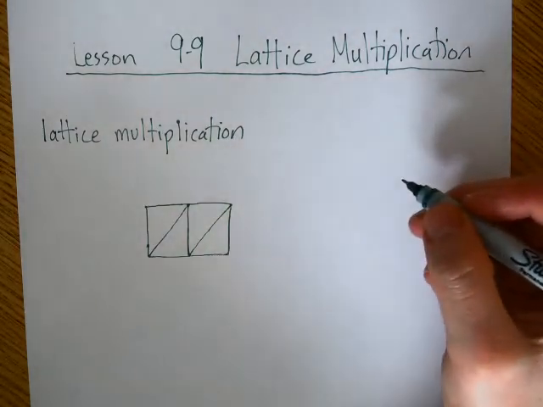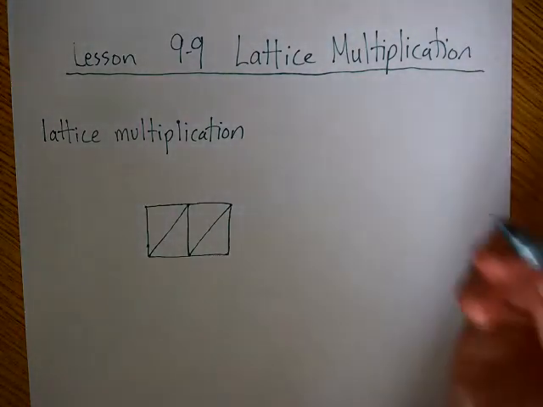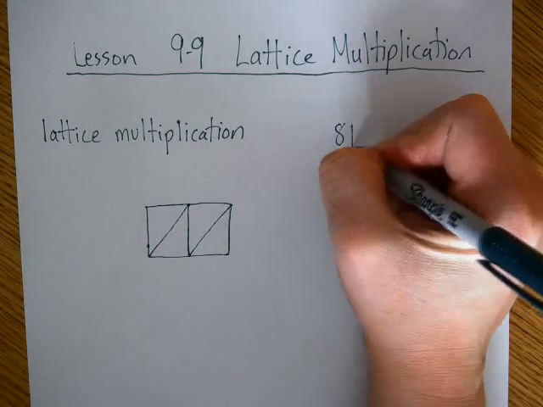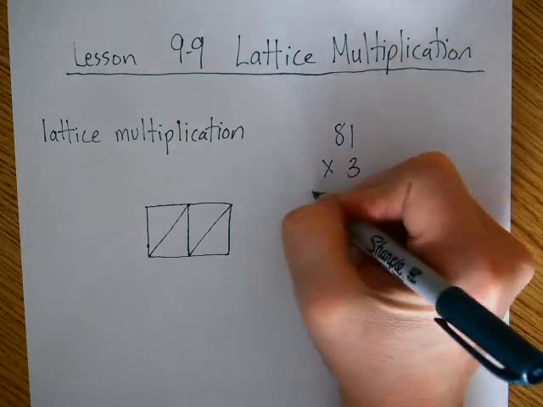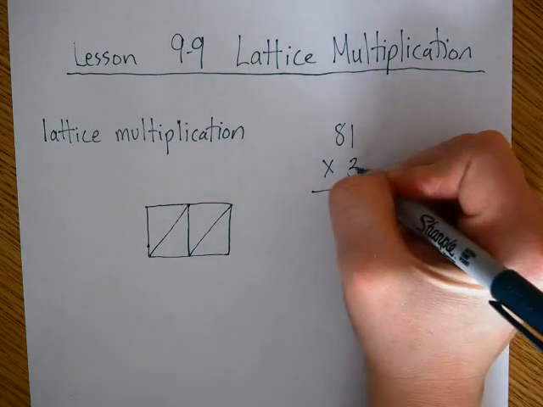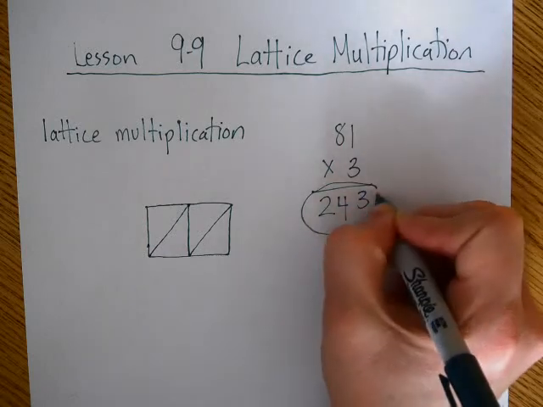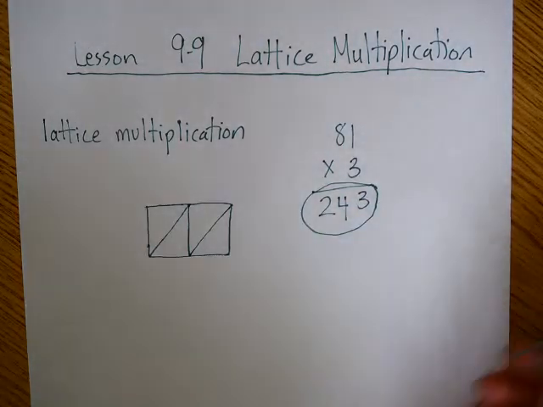So up until this point, we've used the traditional algorithm for multiplying, right? So if we had 81 times 3, the traditional algorithm is 3 times 1 is 3. 3 times 8 is 24, right? And we get that. We've also used the partial products algorithm.